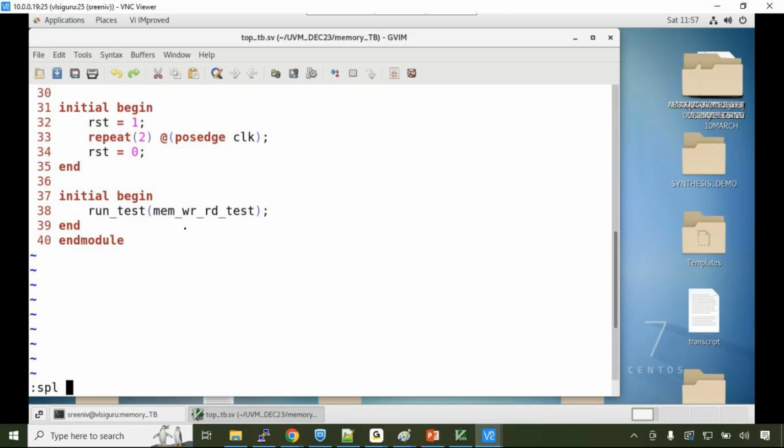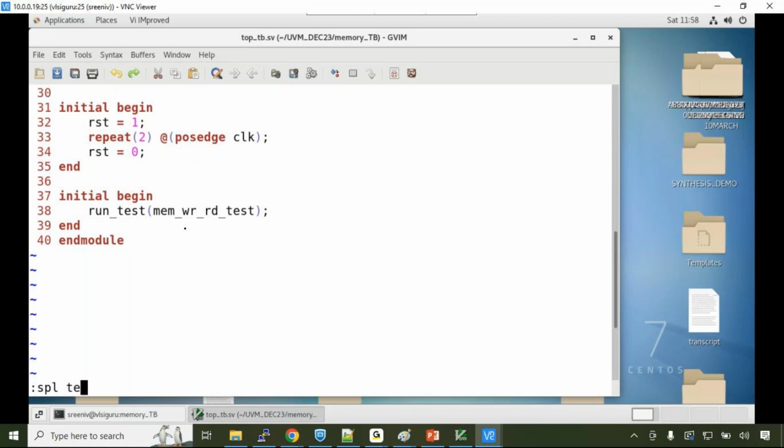Generally, in UVM, we don't develop only one test case. We develop multiple test cases. Given a design, do you develop only one test case or multiple test cases? Multiple. So UVM has a concept called library. What is a library? Test library, where you develop all the test cases. All your test cases you're going to develop into the test library.